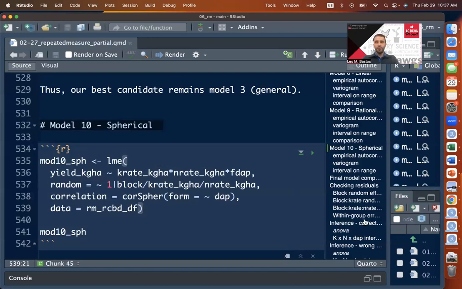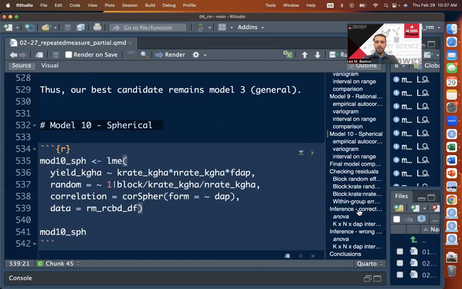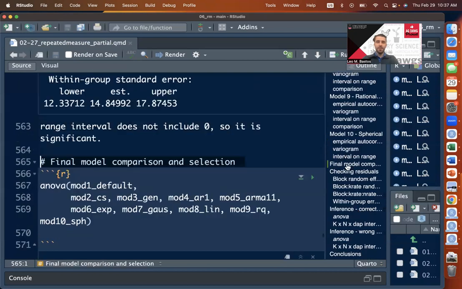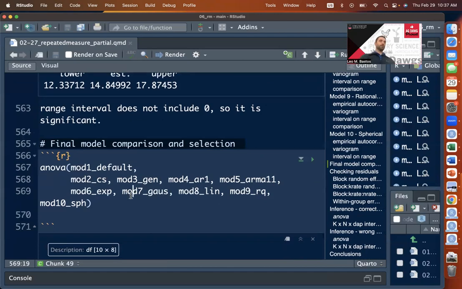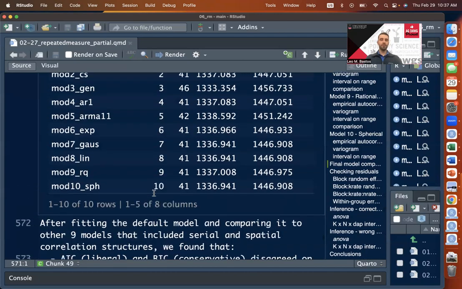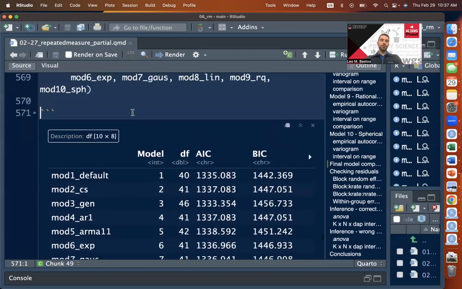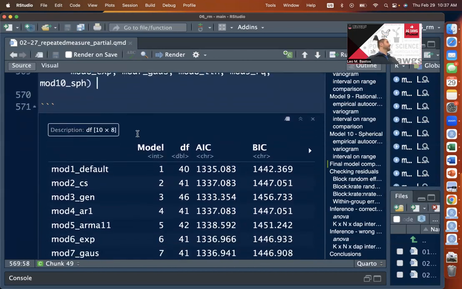All right, so let's go back here to our final model comparison and selection chunk, where we have that anova function, lowercase a, with all the models that we tried. Now we're going to decrease the complexity of the topic, because there's just going to be some data wrangling. So I want to tell you what I want to do. I will help you a little bit, and then I'll ask for your help after that.